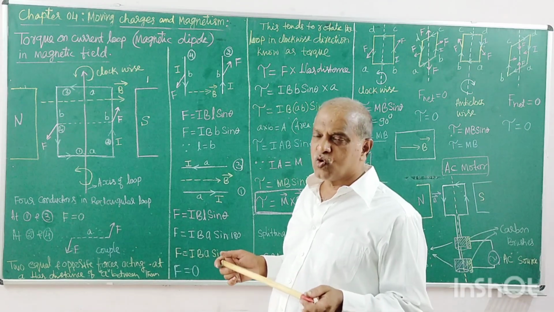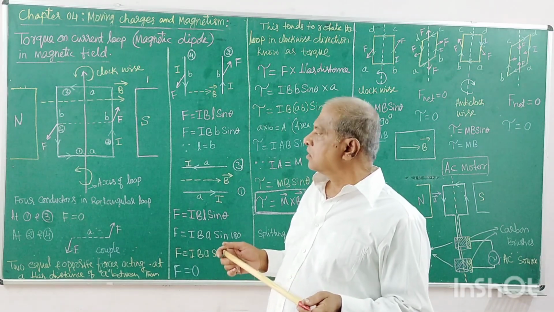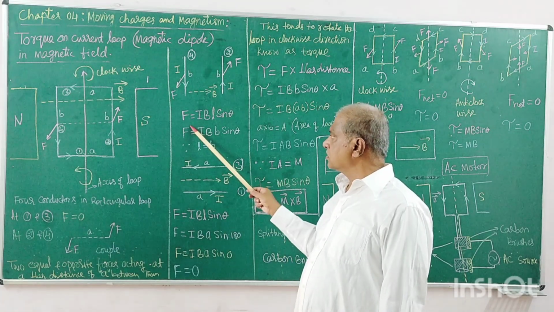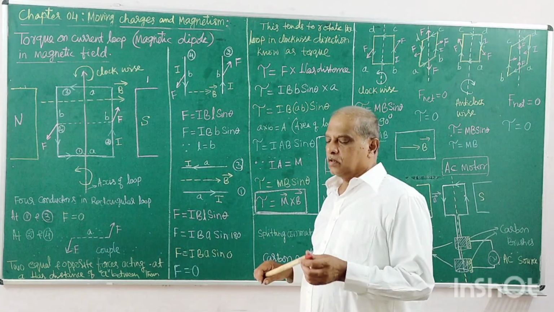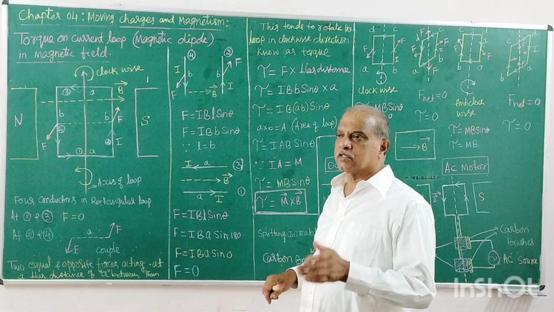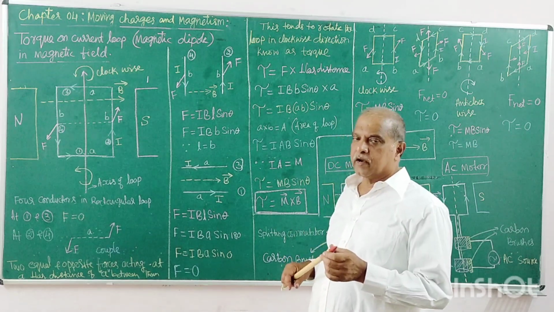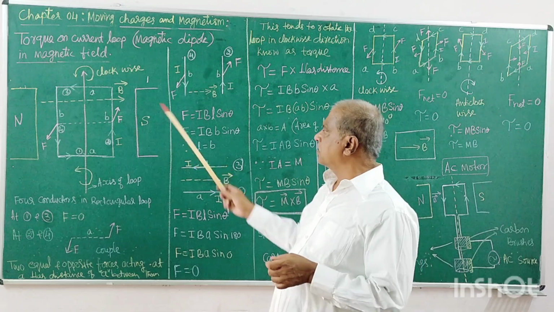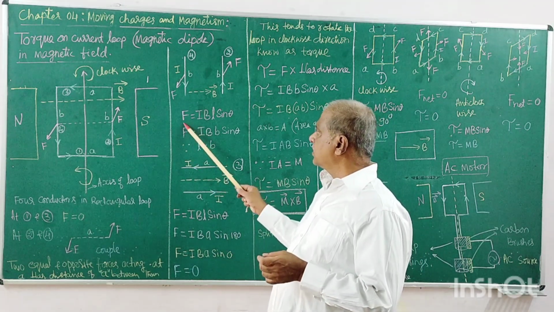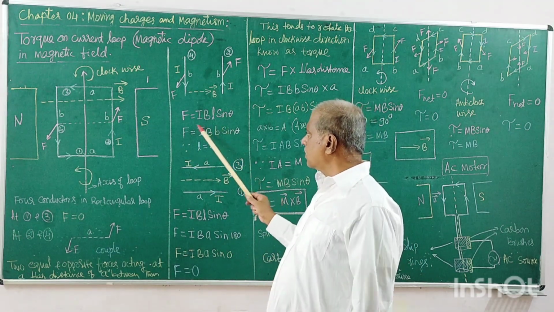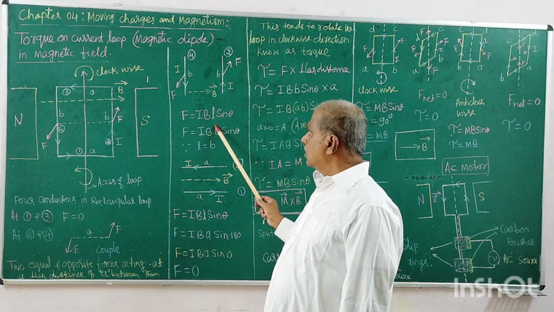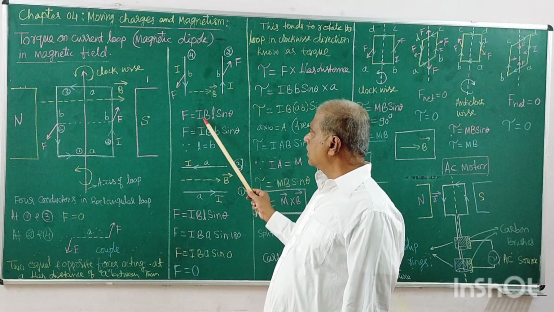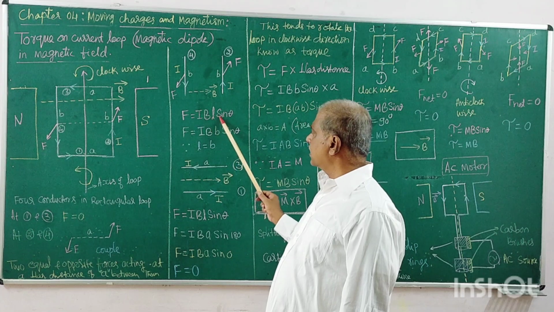The magnetic force acting on the conductor due to interaction with the external magnetic field is given by this equation. Recall this equation: F equals I B L sin theta.